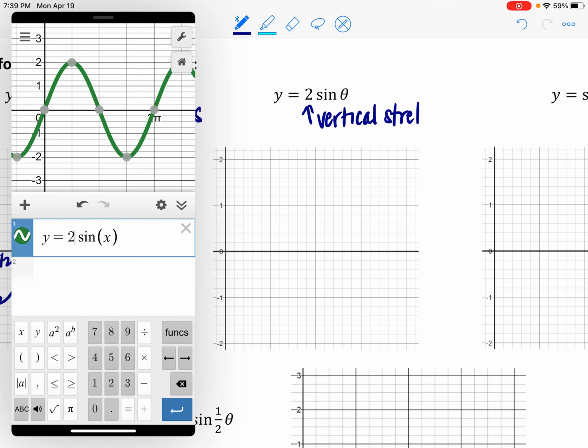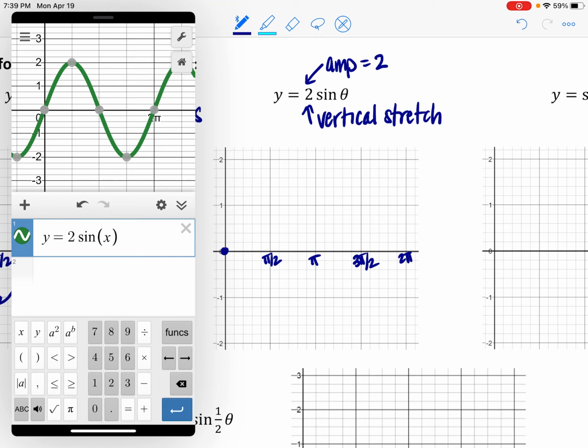And specifically what the vertical stretch does for our sine functions is it makes the amplitude 2. Okay, it makes our amplitude 2 instead of the amplitude of 1, which is what we see in our parent. And so 0, and then we have again pi over 2, pi, 3 pi over 2, and then 2 pi.